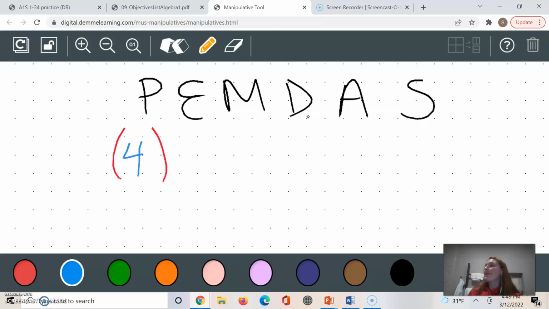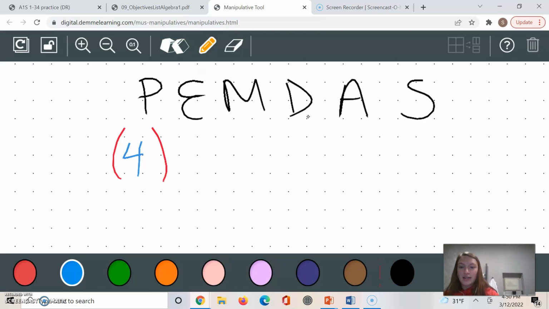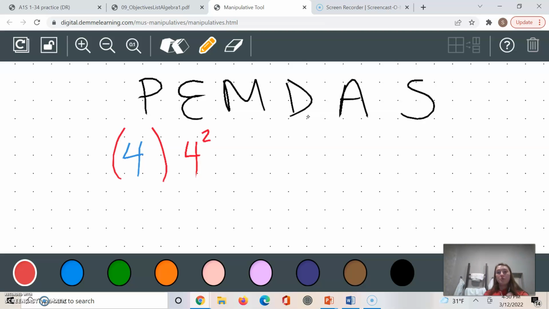Does anybody know what the E stands for? Okay, the E in PEMDAS stands for exponents. So if you were given a 4 with a 2, the 2 would be the exponent.